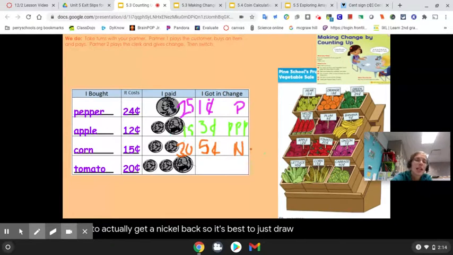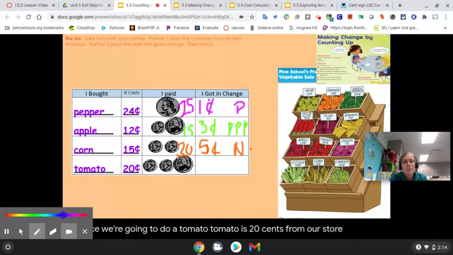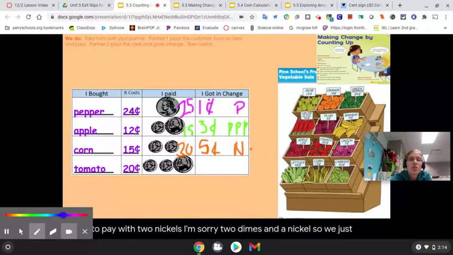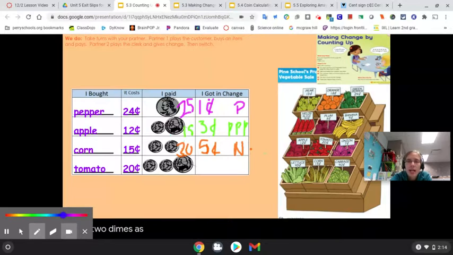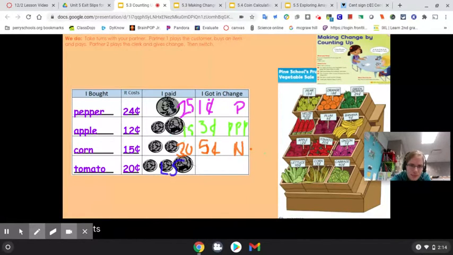All right, the last one on this practice, we're going to do a tomato. A tomato is 20 cents from our store, and we're going to pay with 2 dimes and a nickel. So we just did 2 dimes. 2 dimes is 20, and if we add a nickel to that, it's 5, so 20, 25. We're paying 25 cents.